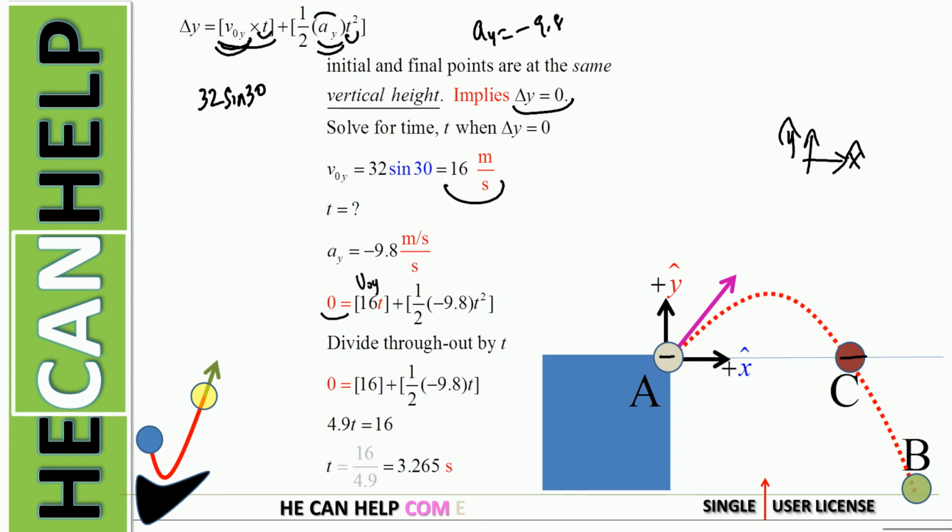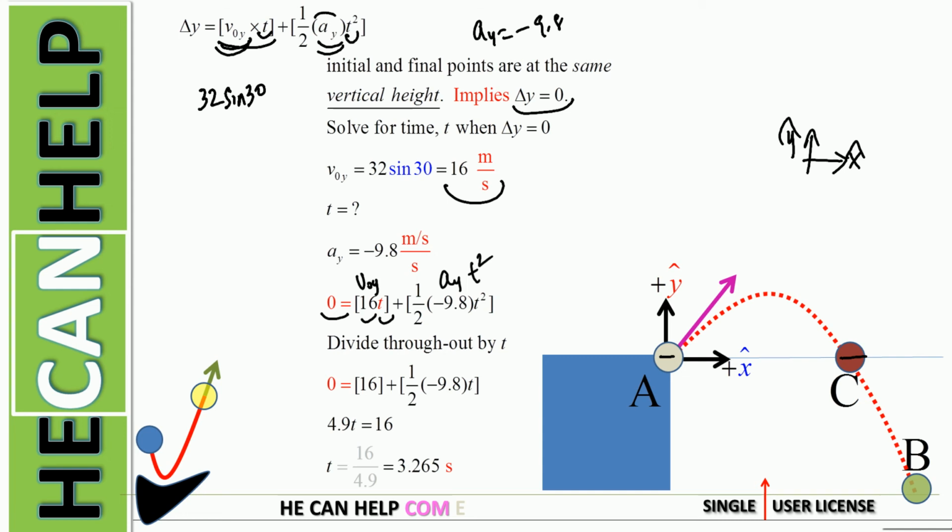So you get change in y between points A and C is equal to 0, which is initial velocity along y, 16, times time to go from A to C, plus 1/2 acceleration along the vertical times time squared. Divide throughout by time and you get 0 is equal to 16 plus 1/2 negative 9.8 times time. 1/2 of negative 9.8 is negative 4.9.